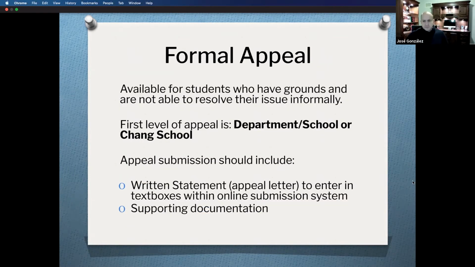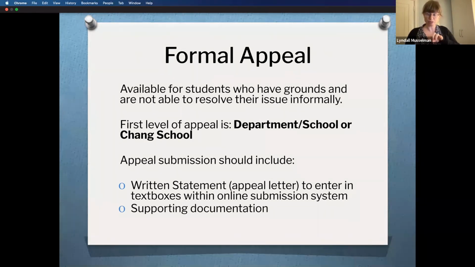So, the formal appeal. This is for students who have grounds, of course, and are not able to resolve their issue informally. The first level is to the school or department, where the chair or director will be the decision maker. For example, if you're appealing a grade from a math course, it will be the chair or director from the math department who will be the decision maker on your appeal.